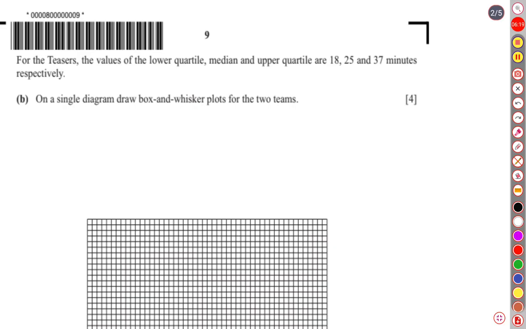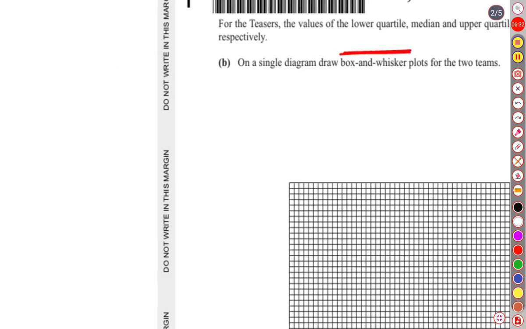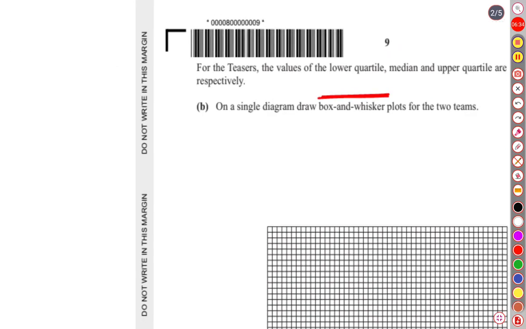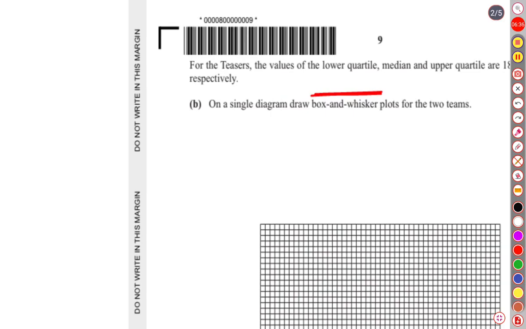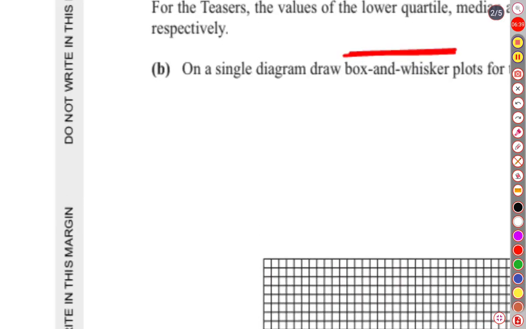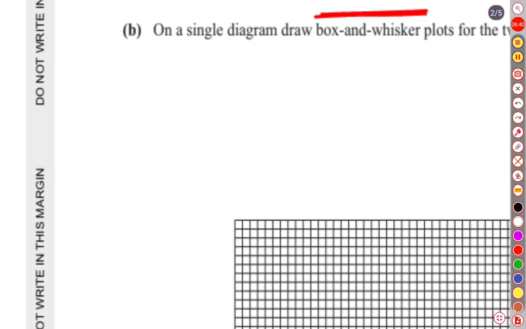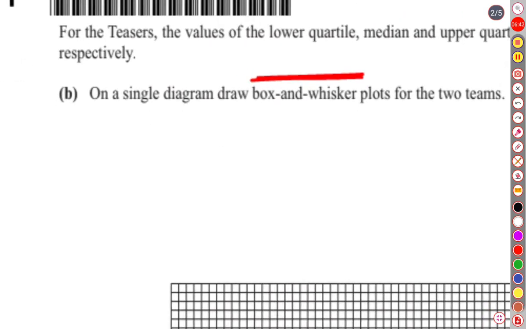Okay, we should not forget that for a box and whisker plot, there should be 5 pieces of information required for each of the teams. What are they? Let us write all of the 5 pieces of information. First, smarts.